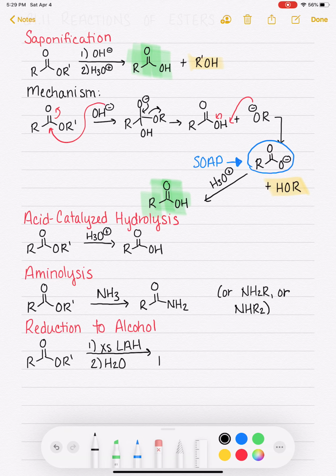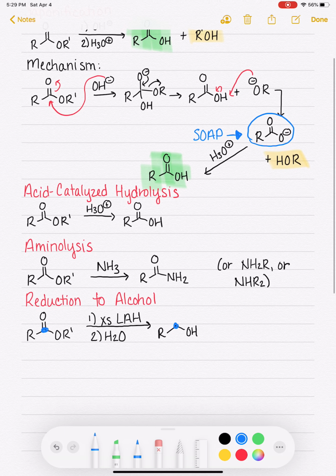We do need excess lithium aluminum hydride for this reaction because we're going to need to add a few hydrogens, a few H minuses on there. When you're doing these reactions, be careful that you do not lose your carbonyl carbon. It's really easy to lose your carbonyl carbon.